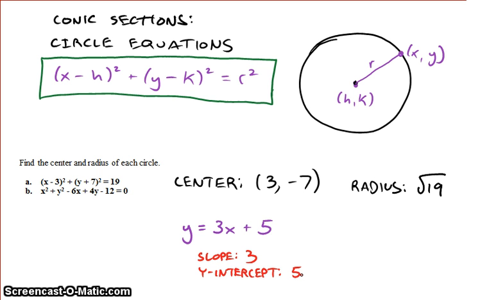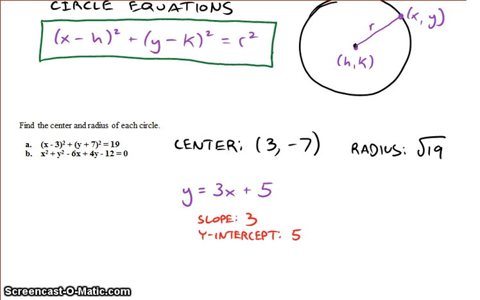We could have written this equation many ways, though, and the slope and the y-intercept would not have been as obvious. For instance, the same line could be represented by this equation, 6y minus 2x over 3 is equal to 5. This equation, if you were to graph it, would give you the exact same line as the other equation.